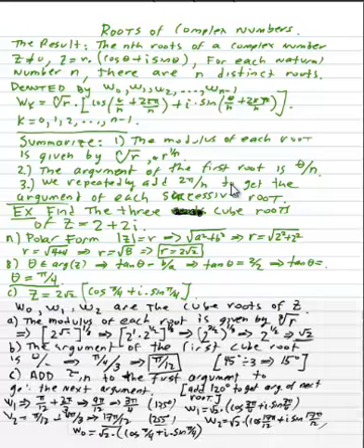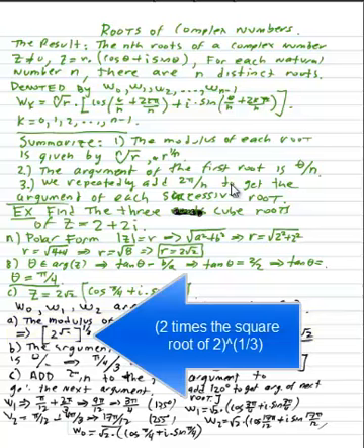Now in finding the cube roots of that number z, w_0, w_1, and w_2 are the cube roots. The modulus of each root is given by the cube root of r, and that corresponds to the cube root of 2 times the square root of 2.